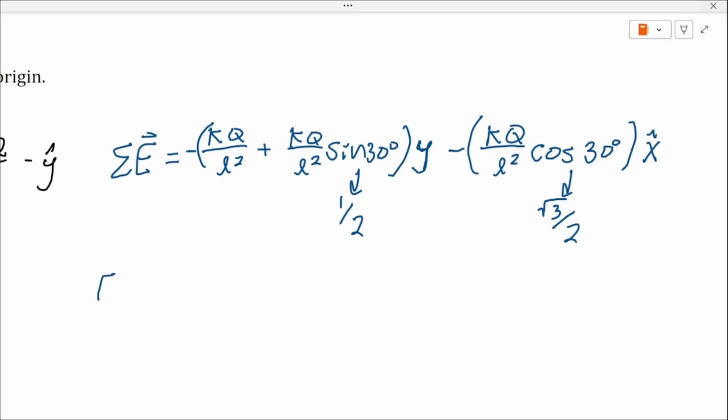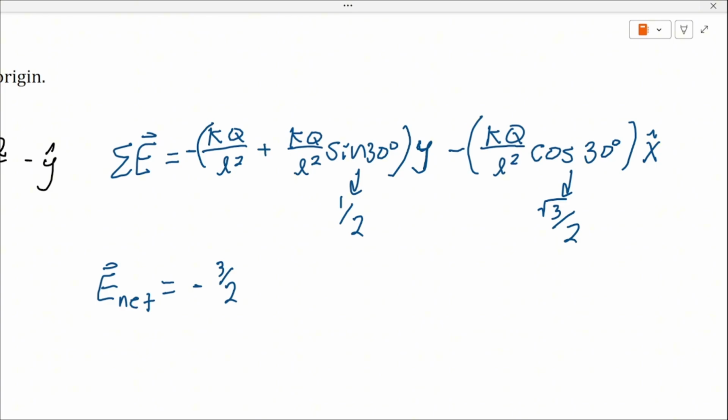So our final answer is the net electric field is equal to negative 1 plus 1/2 is 3/2.